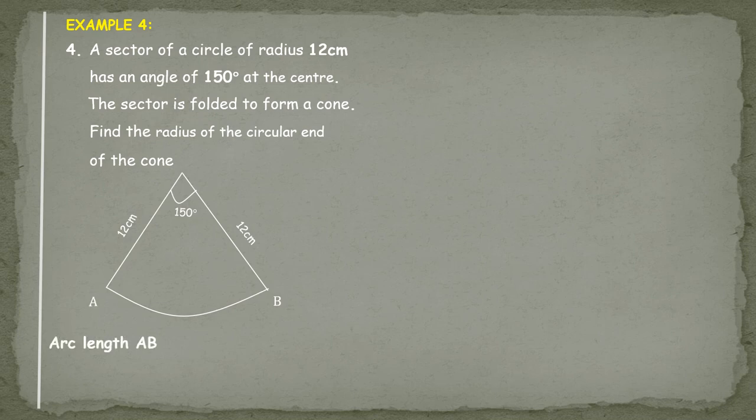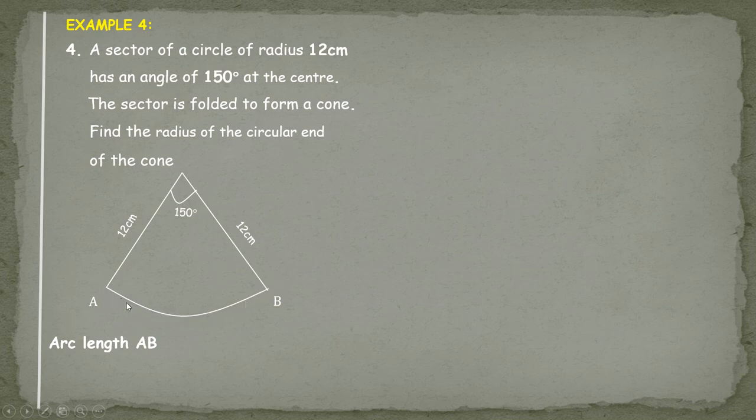So what is going to happen in this question? We have this sector that has been folded to form a cone. So you realize that once you fold this sector to form a cone, this arc length AB will now be the circumference.